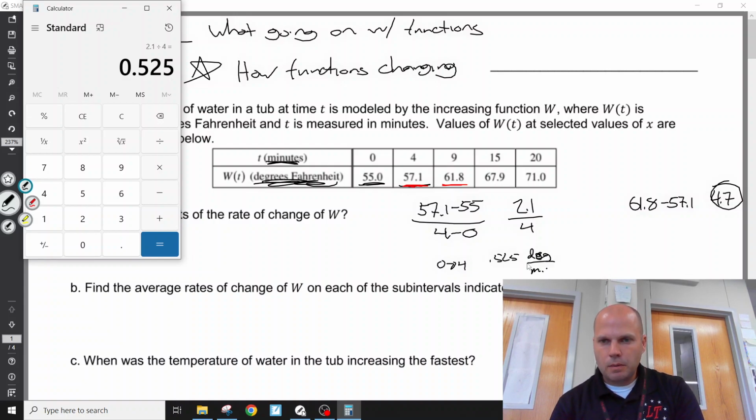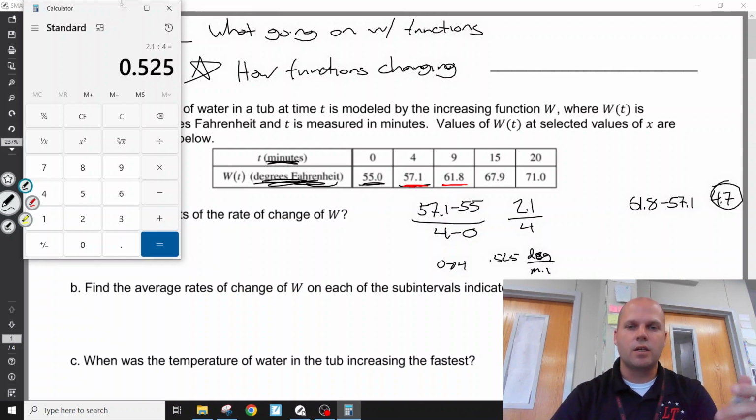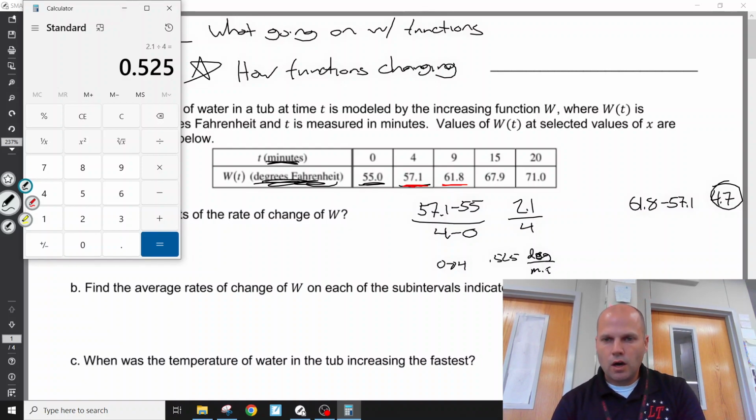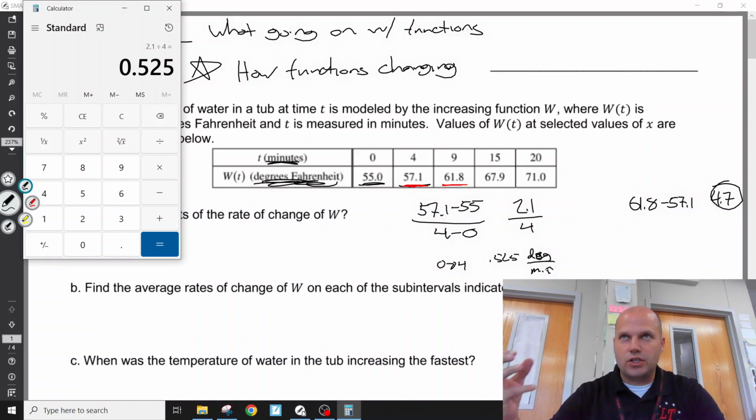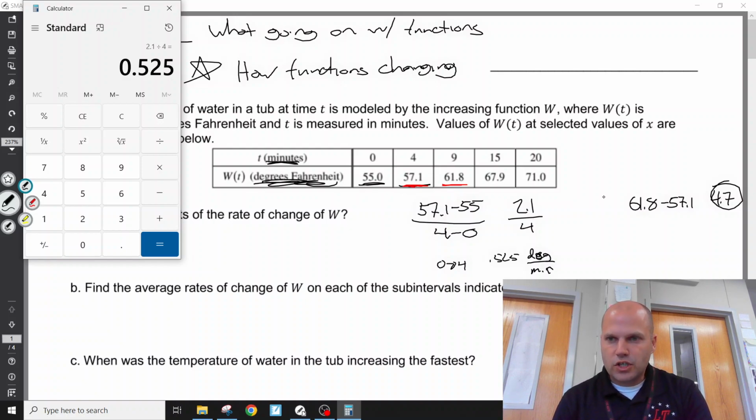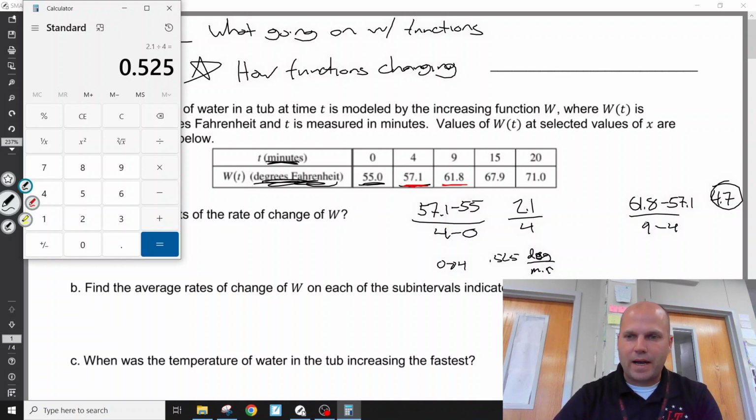Degrees per minute. It becomes this rate of change, and a rate of change is a way to compare how quickly functions are changing on different intervals. If I go from 57.1 to 61.8, I did increase 4.7, but to compare this number to the interval from 0 to 4, we want to look at how much we increased over my interval.